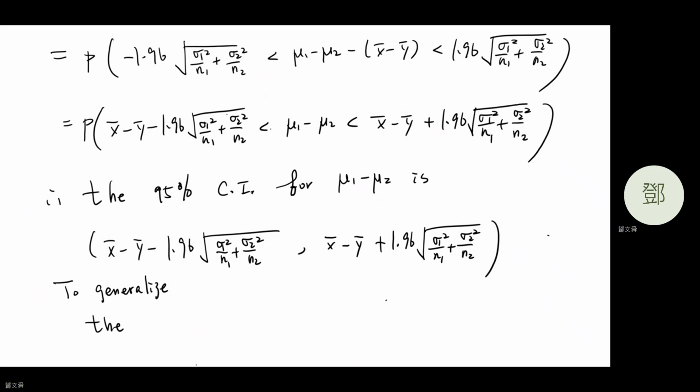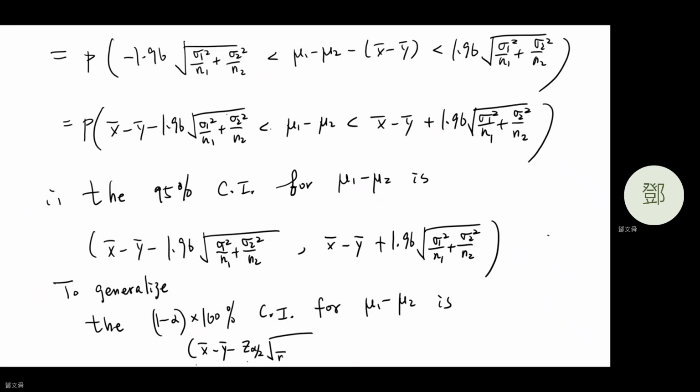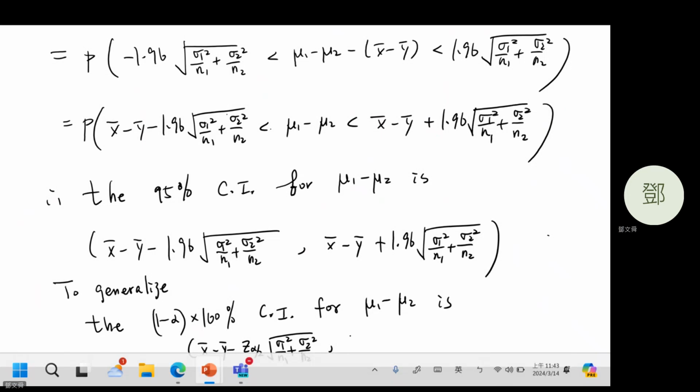This is the way we generalize in the one population situation. All right?